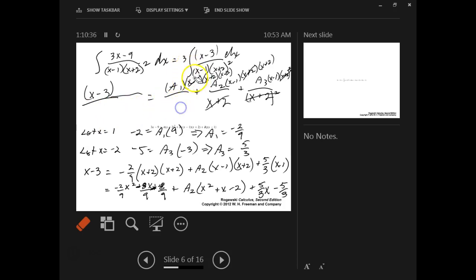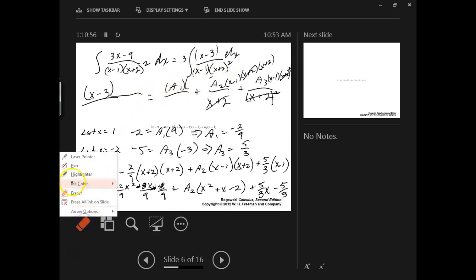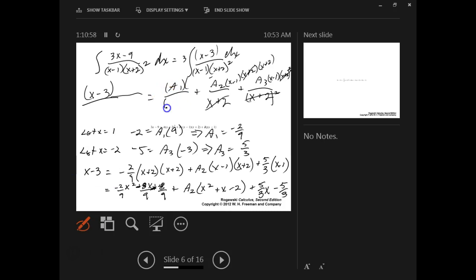Get rid of that one because that one's out of that. Oh, that's not what I wanted. I'm going to put my x, just for future reference, that was over x minus 1. Right? I think so. Yeah.